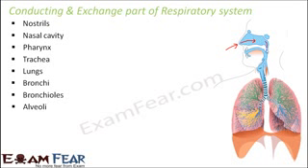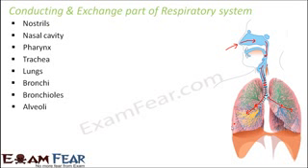From nasal cavity it passes to the pharynx, from pharynx it gets into the trachea, from trachea it gets into the bronchi, from bronchi it gets into the bronchioles. From bronchioles it goes to the alveoli. What happens once it goes to the alveoli? From alveoli, the gases just do not move into the blood just like that.